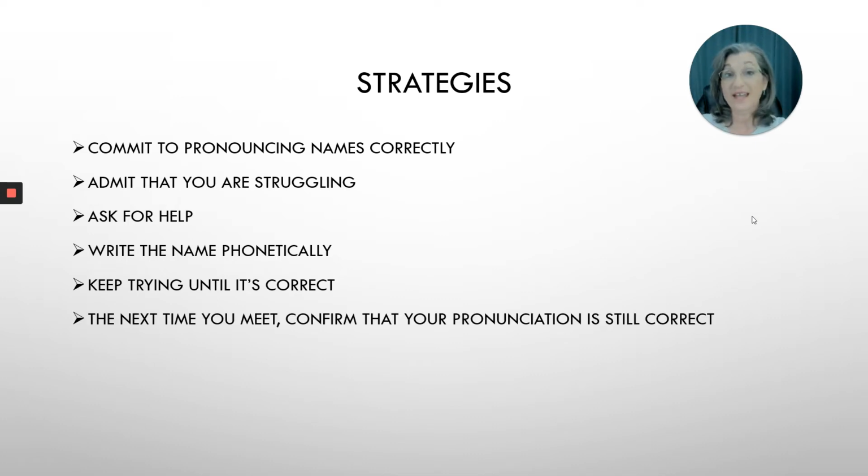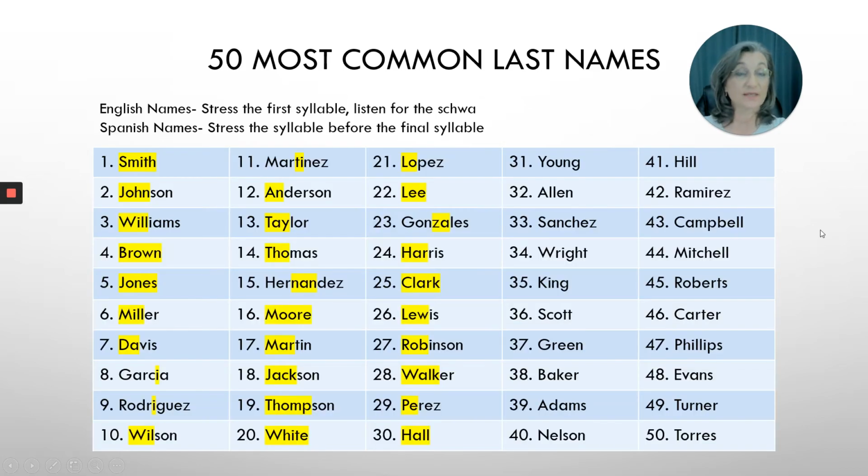And also, the next time you meet that patient, confirm that your pronunciation is still correct. So you might still make a mistake the second time. So reconfirm that you got it correct. Now, these are the strategies, but I did want to look at some patterns for American names. So what I did was I looked up the 50 most common American last names, and here's the list.